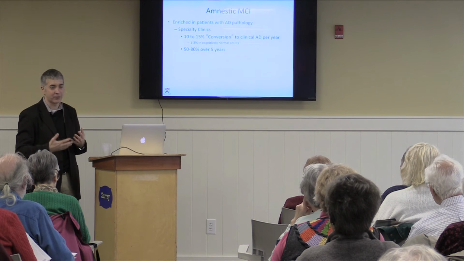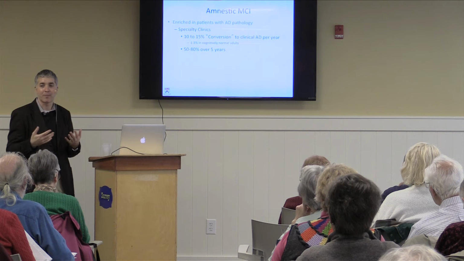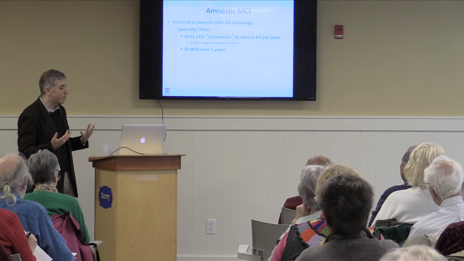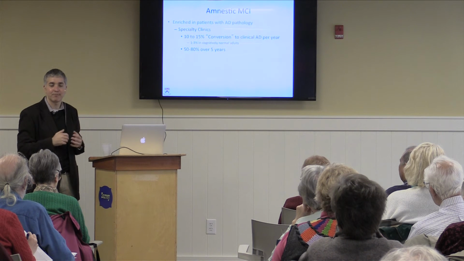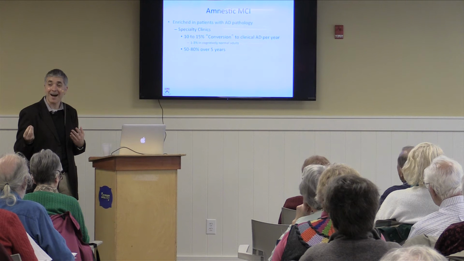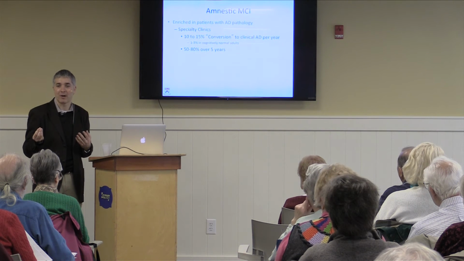That's relative to people who are normal for their age, where only about a couple percent or 1% a year would go on to develop Alzheimer's disease. And over 5 years, around 50-60% of people go on to develop Alzheimer's disease. But the important point is not everyone does, okay? So there are 40% of the people that don't go on to Alzheimer's disease.